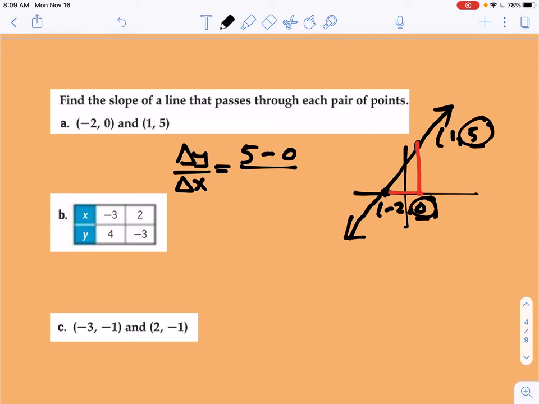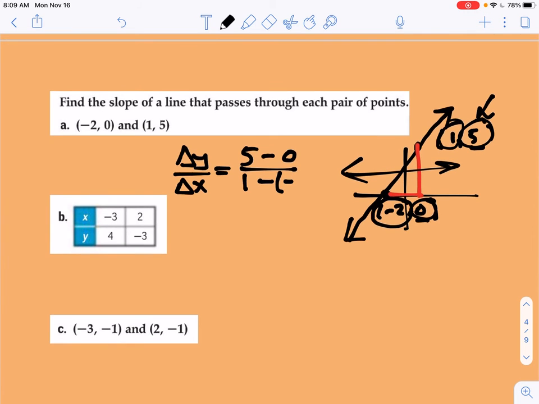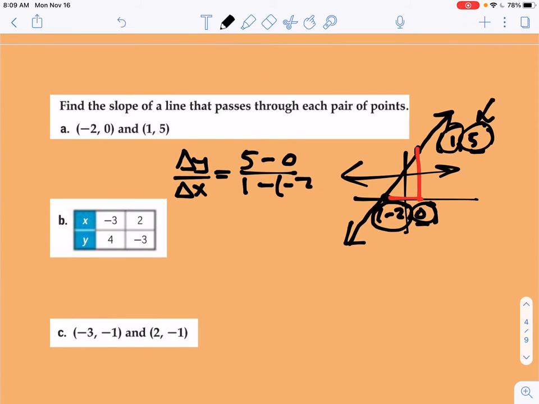And then I just have to figure out what my respective change in x is. In other words, what's my change this way? Because I started with 5, I have to start with 1. So 1 minus, and then my second coordinate is negative 2. So it's 1 minus negative 2. Then you simplify this.